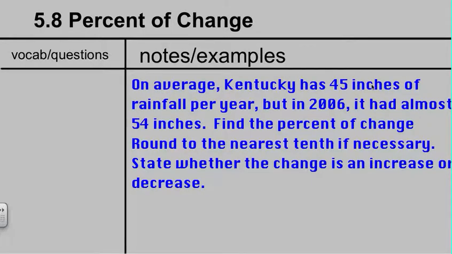On average, Kentucky has 45 inches of rainfall per year, but in 2006 it had almost 54 inches. Find the percentage change. What did I start with? What was my original? Well, we're comparing it to the 45. What was the difference in this year? 9 inches. So in this case, the difference of 9 inches to 45.